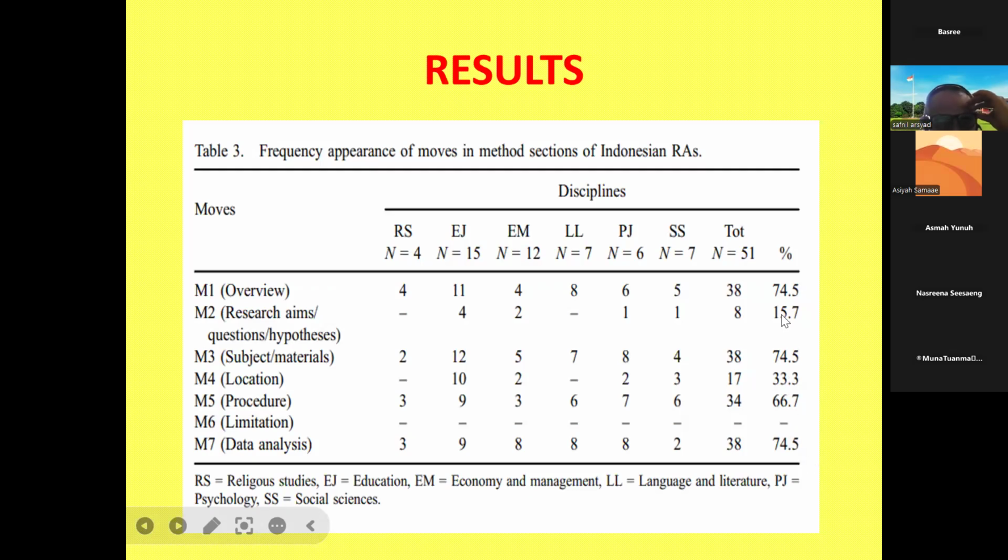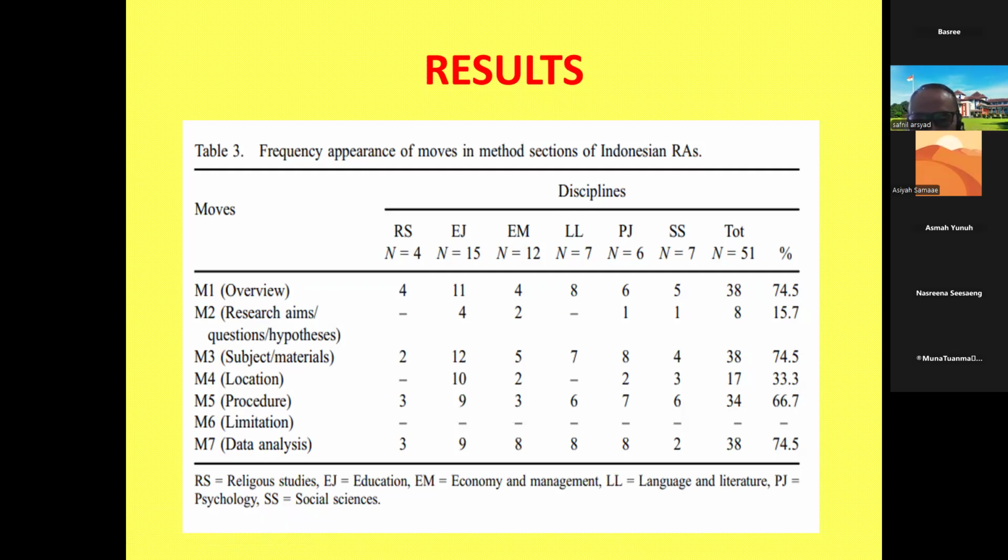While research aim or question or hypothesis is the least frequent one in the method section, because usually they put this in the introduction section, not in the method section. Research aims, question or hypothesis, only eight out of 51 address the research objective in the method section.